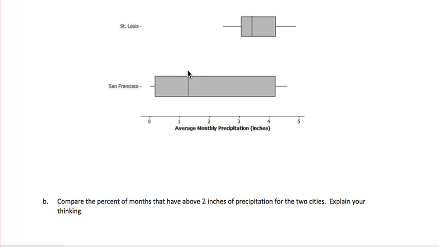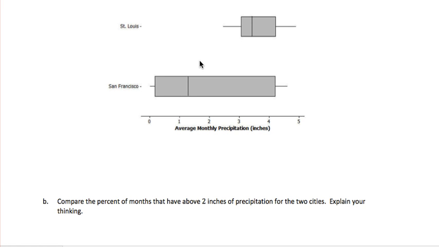Remember, the median is where our 50% mark is. And so if we're at 2 inches right here, that means more than 50% of the year San Francisco gets less than 2 inches of precipitation.